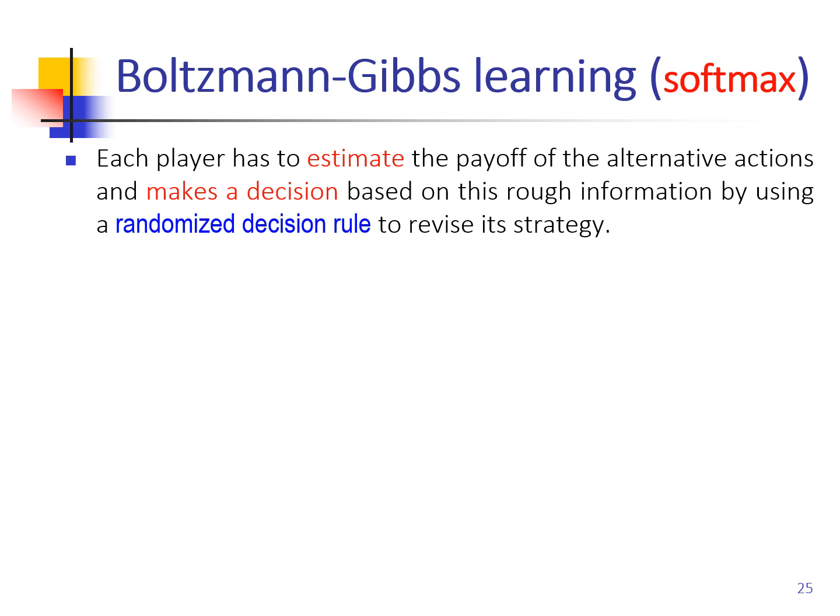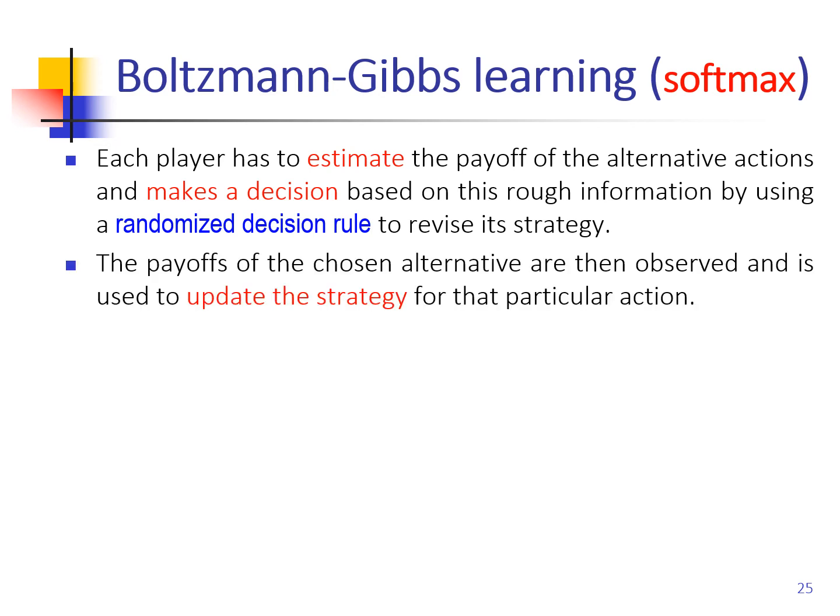This is essentially what Boltzmann-Gibbs learning will do. Once I estimate my utility, I use that utility to update my strategy. This guarantees that I am not communicating with other agents. I'm learning in a totally distributed manner, while achieving a good outcome in terms of equilibrium.